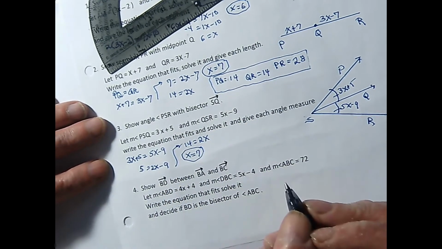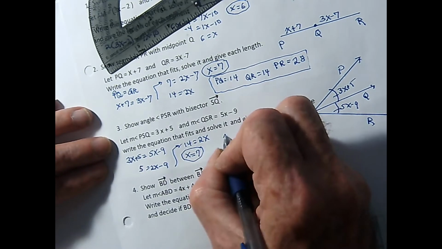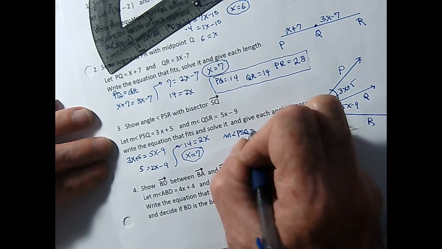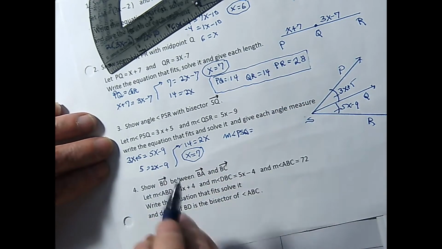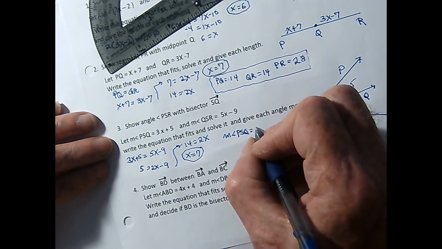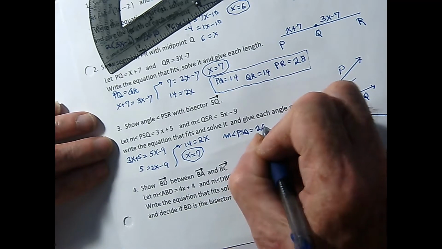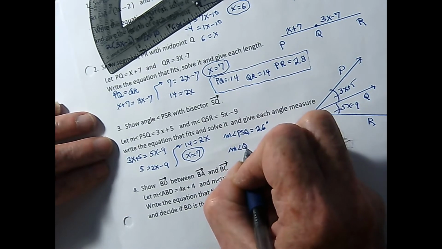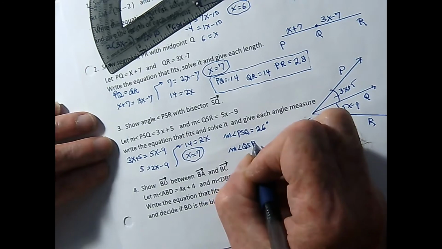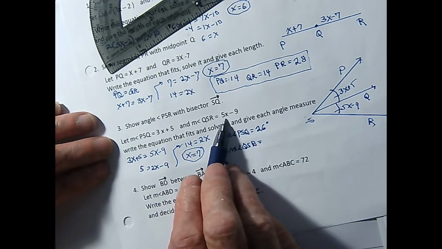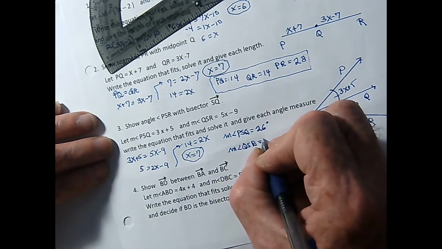Now let's check the measures of those angles. The measure of angle PSQ. See, 3 times 7 is 21 plus 5 would be 26 degrees. And the measure of angle QSR, if x is truly 7, then 5 times 7 is 35, minus 9, 26 again.